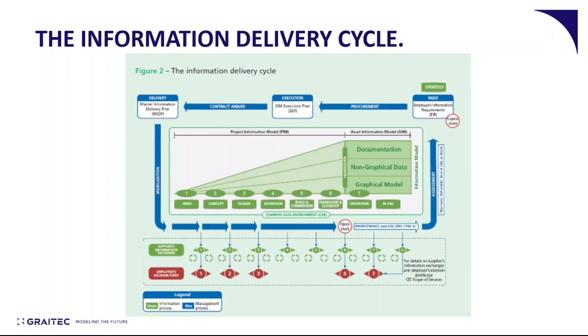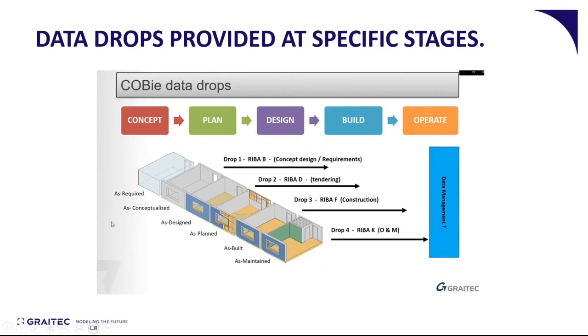It needs to be presented in a format which is consistent and is useful. Typically, these data drops mimic the typical RIBA stages with some variation, but typically it replicates that design process.